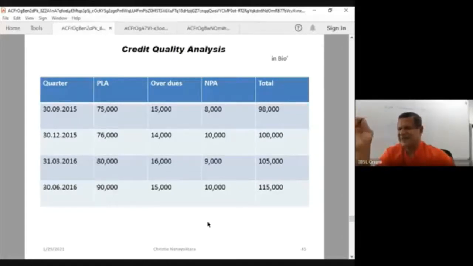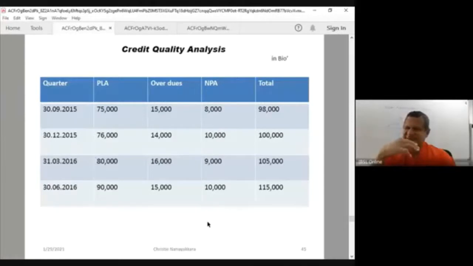Now this particular bank has 98 billion as at September 30th of that year. Out of this 98 billion, 75 billion is being paid very regularly. That means not even a single day have these customers defaulted. We also have something called overdues.